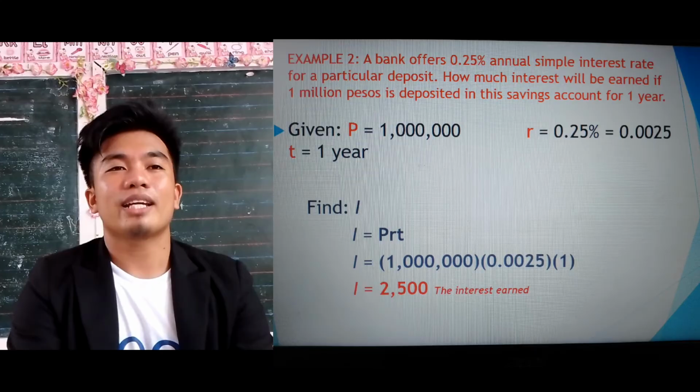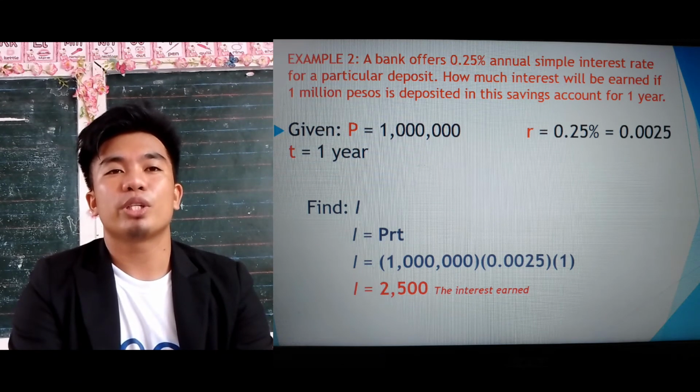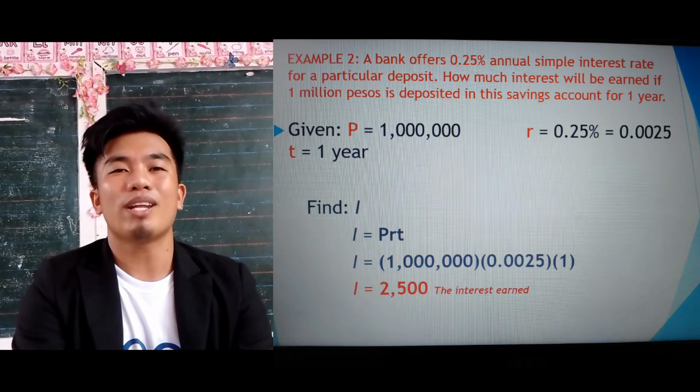For our second example, a bank offers 0.25% annual simple interest rate for a particular deposit. How much interest will be earned if 1 million pesos is deposited in this savings account for 1 year?